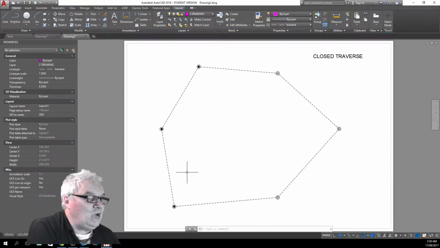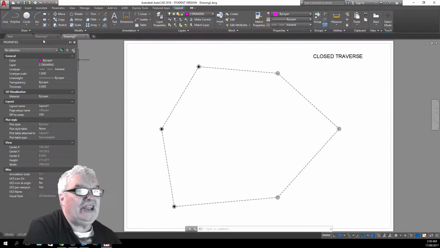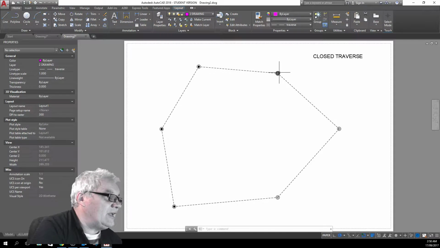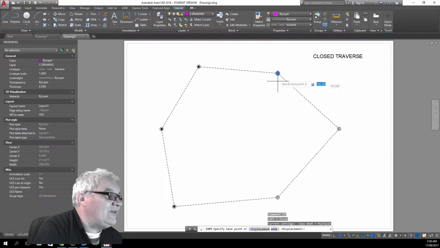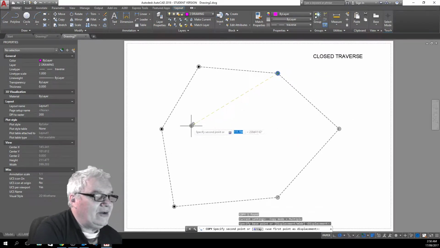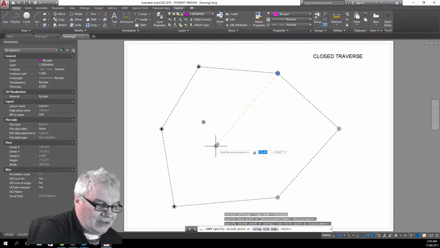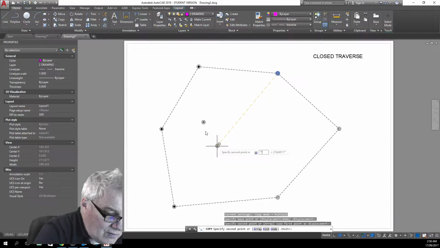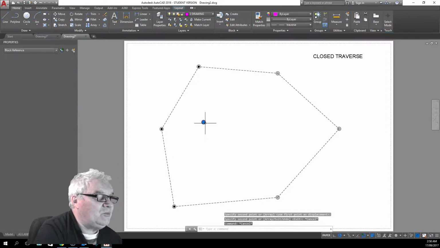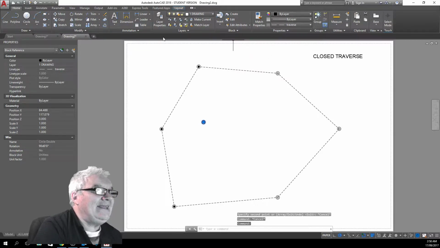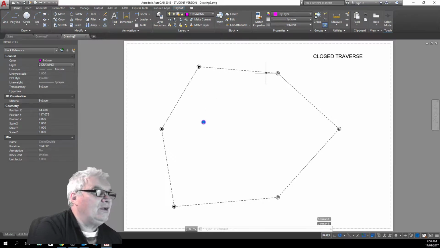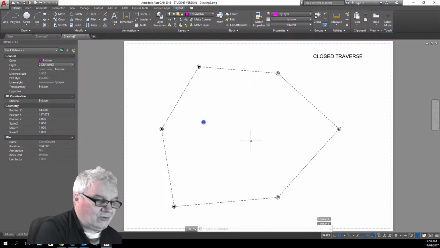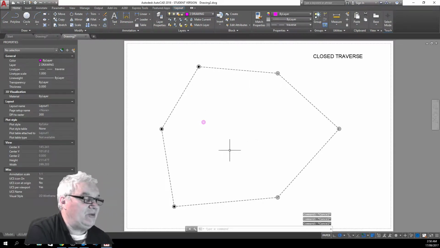Now in a loop traverse, we might say, for instance, come here. Let's just copy one of these here, like so, and I'll put that into my new layer, which is going to be drawing 2. Okay, and that's coloured magenta.